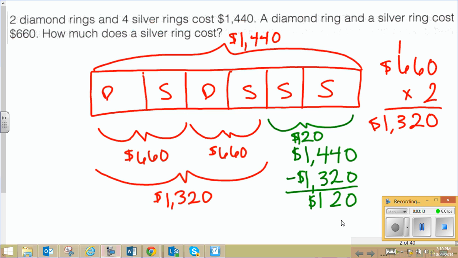Now our question asks us how much one silver ring costs. So if we know that two silver rings cost 120, we can divide 120 by 2. And we find that one silver ring would cost $60.